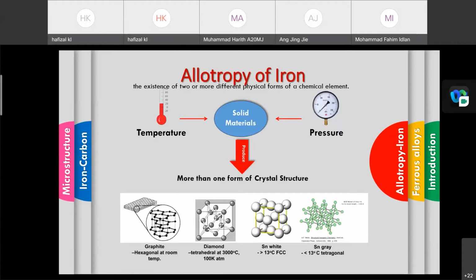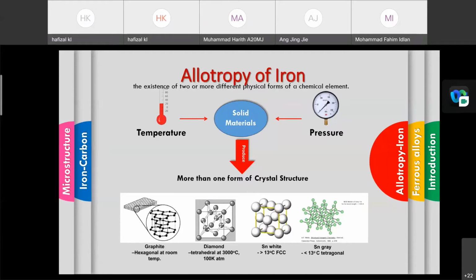We have a different atomic arrangement of tin, the white tin and the gray tin, due to the temperature and pressure, and finally it will produce a different atomic arrangement.